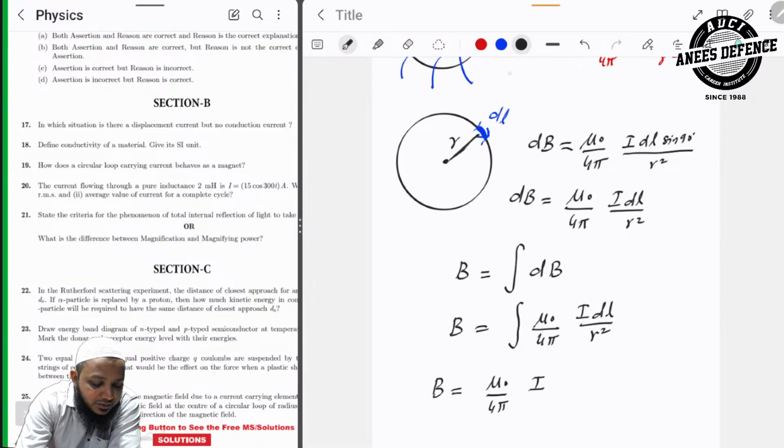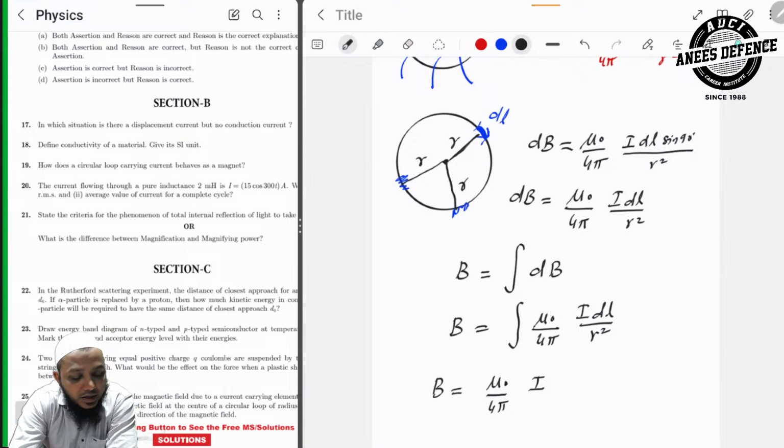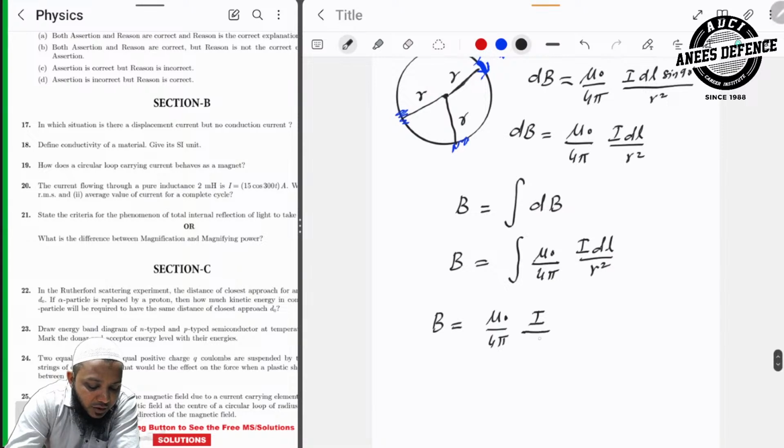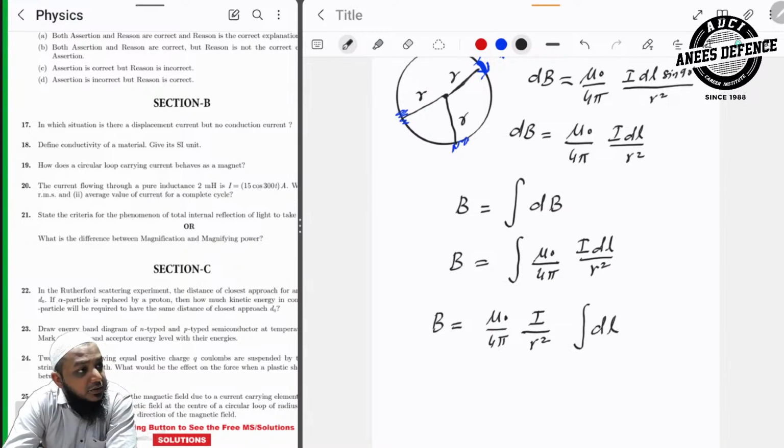Also, every segment of the loop dl has the same distance r because the radius is the same everywhere. So radius is also constant. Therefore, I will take out r square as well, and inside the integration only dl remains.